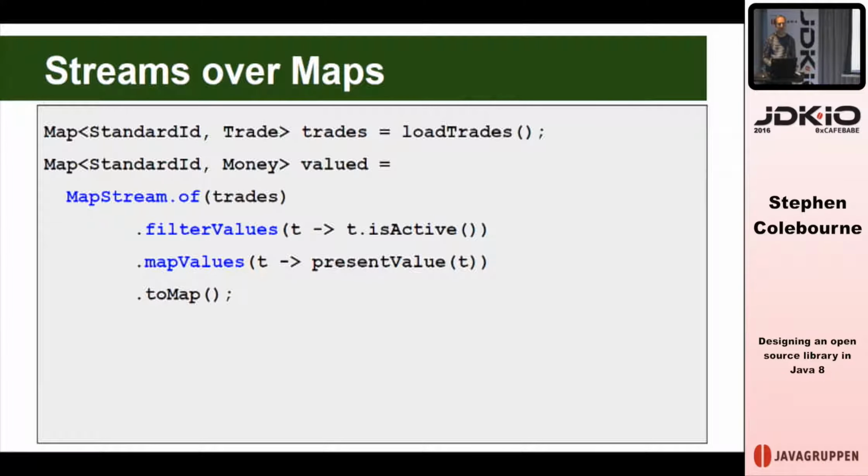Those two methods do the filter, but only on the value part of the key-value pair, and then the map, but only on the value part of the key-value pair. That makes the whole API a lot easier to use, because without that, you'd have to manually recreate a map entry from scratch, which is very painful.